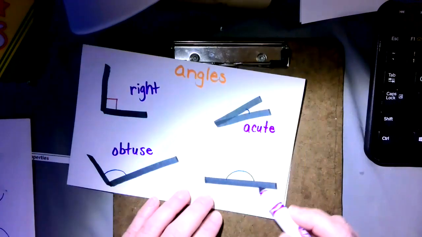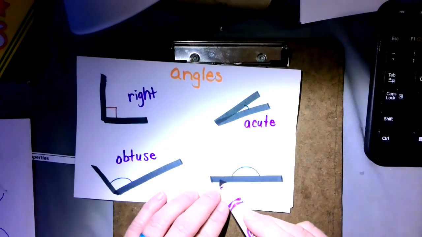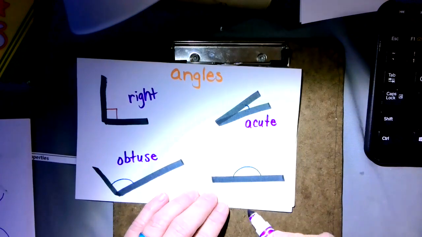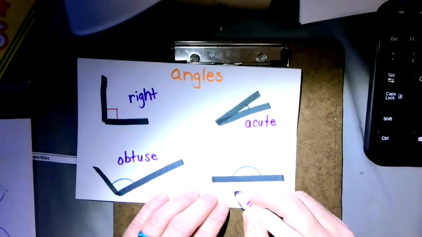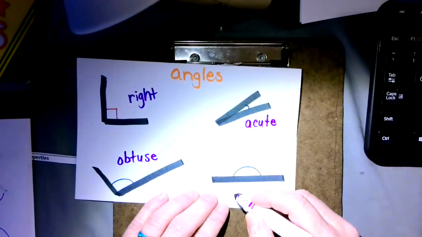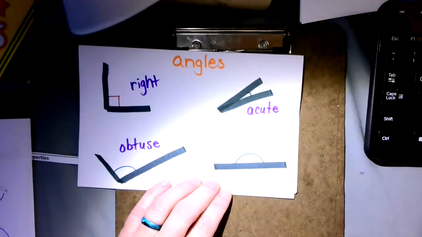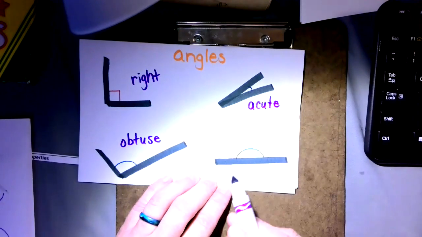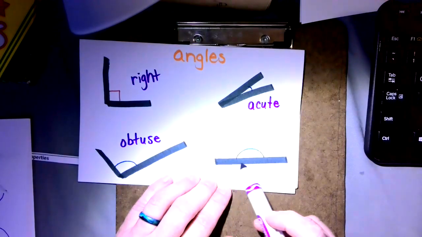And then what about if the angle just goes all the way out, big past obtuse, and it makes a straight line? What do we call that? Oh, I gave you the answer, didn't I? When I was describing the line, I gave you the name of what you call this angle. It makes a line. What kind of line?